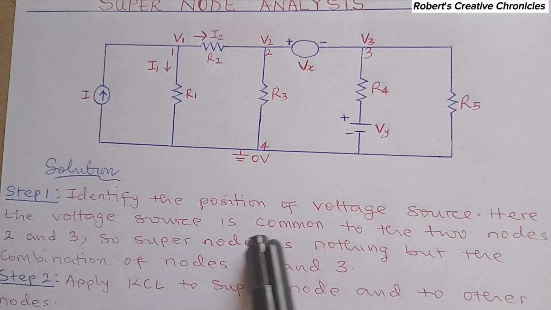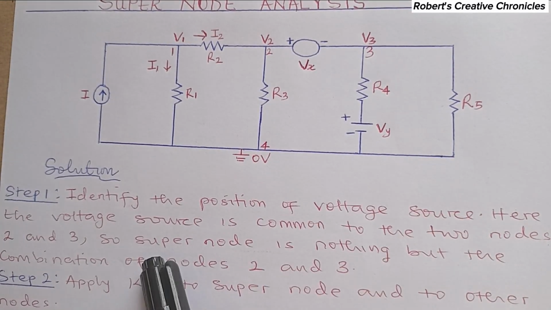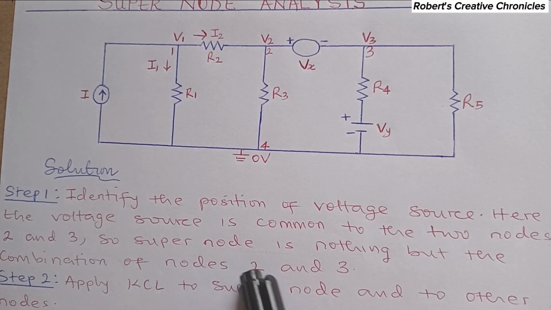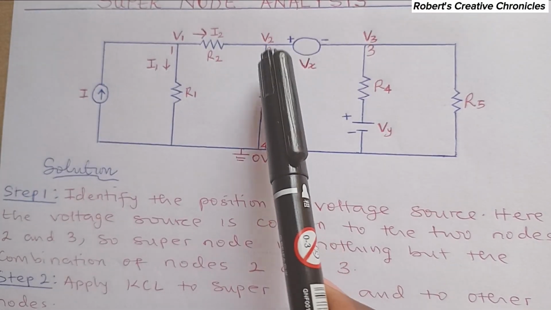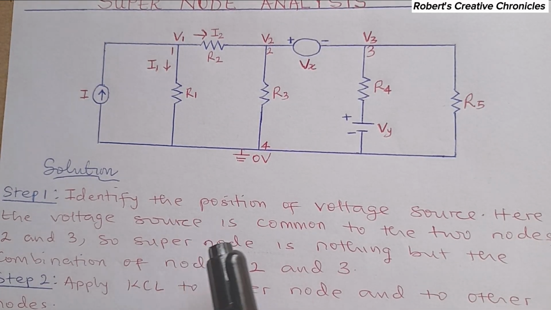Here, the voltage source is common to the two nodes, 2 and 3. So a supernode is nothing but the combination of node 2 and node 3, and they are both principal nodes.